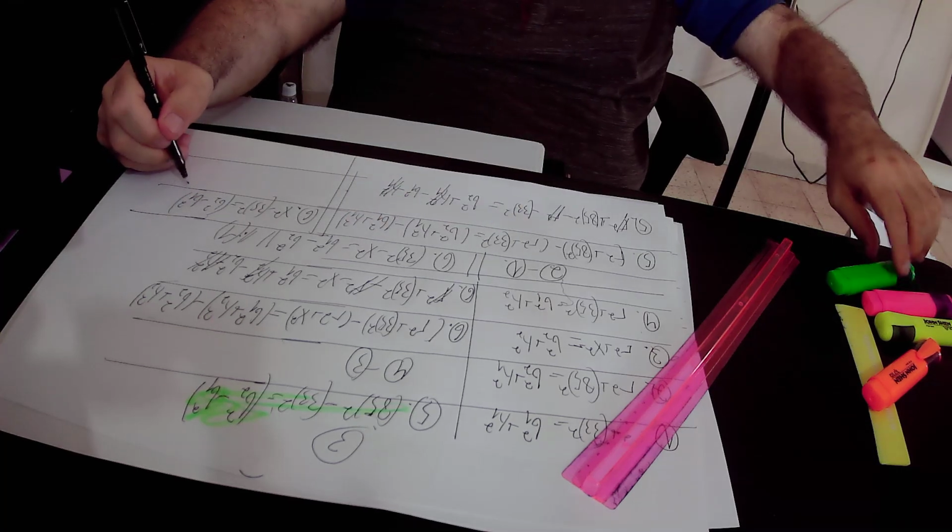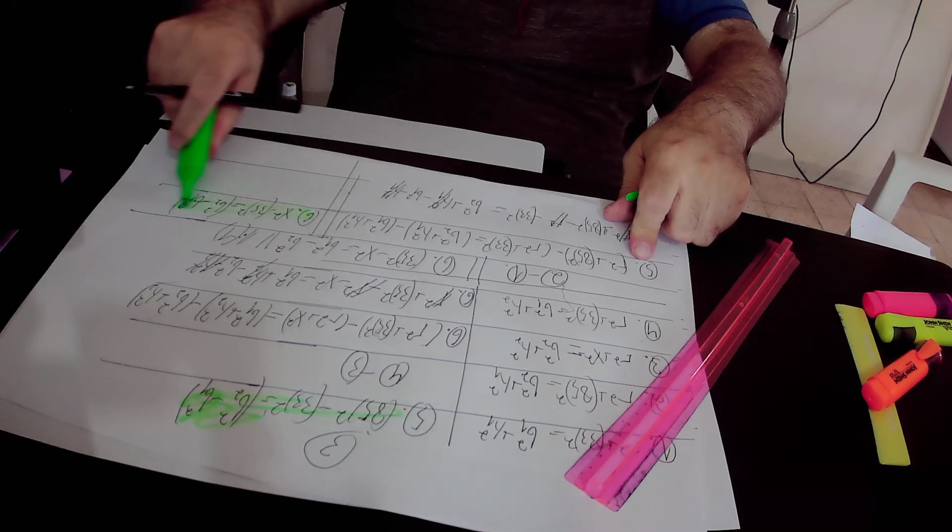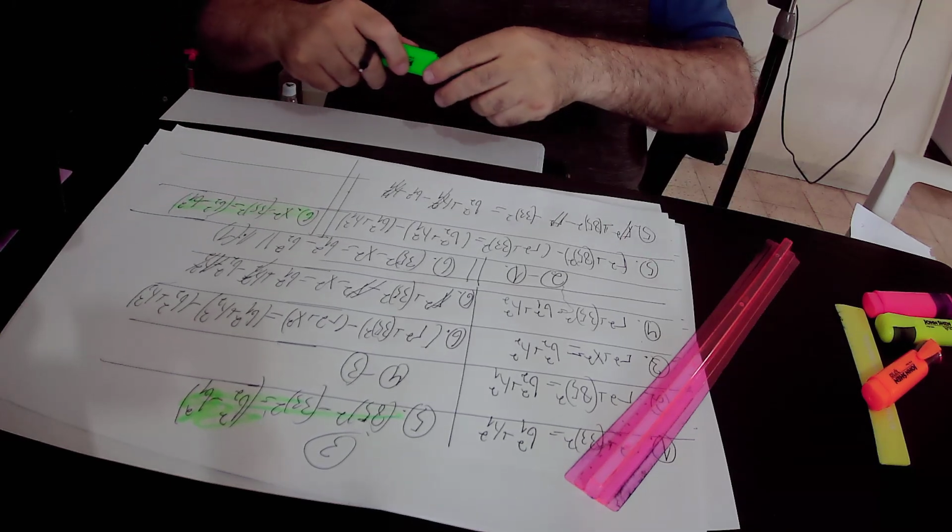So in conclusion, we found out that according to this equation number 6, x squared minus 35 squared equals to b2 squared minus b1 squared.